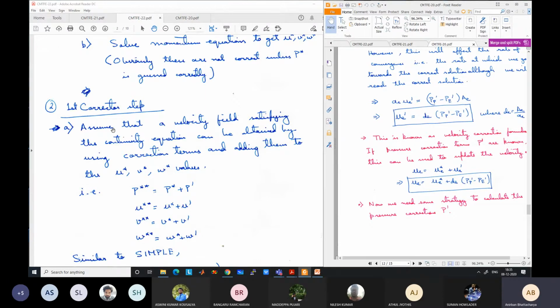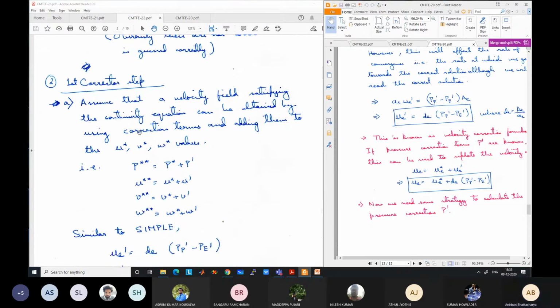We assume there is a velocity field which satisfies the continuity equation, given in terms of double star values: U double star, V double star, W double star. It satisfies the momentum and continuity equations, with P double star. So these double star values are the continuity-satisfying values.